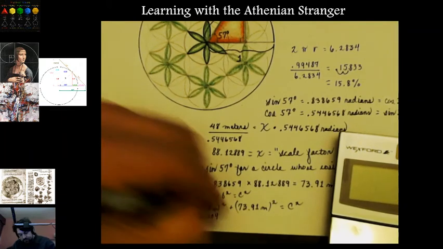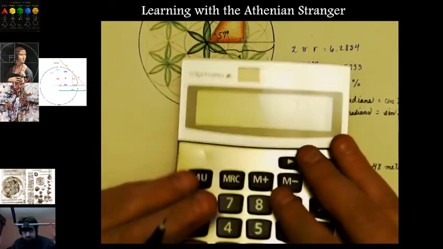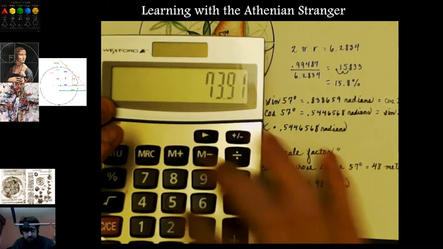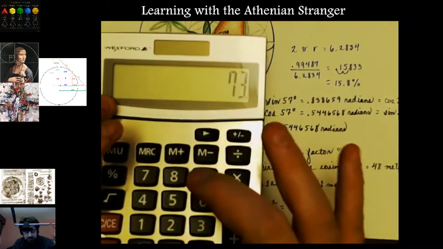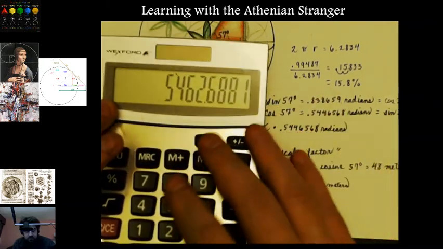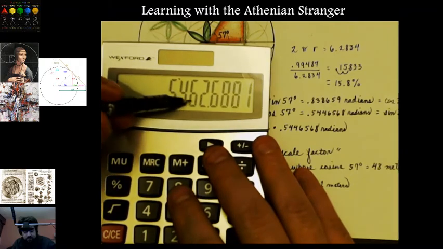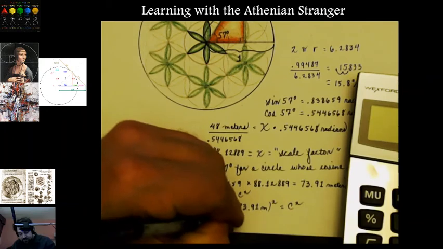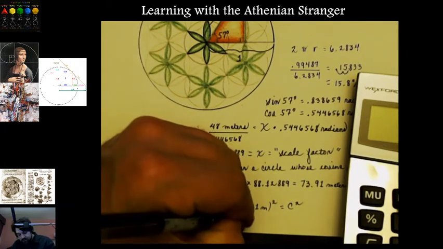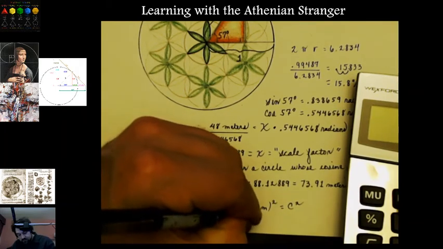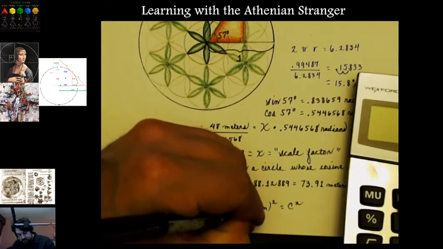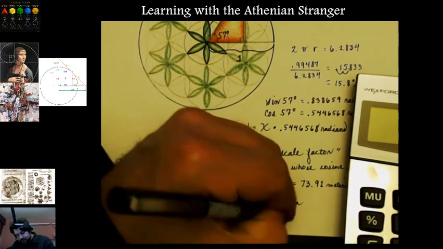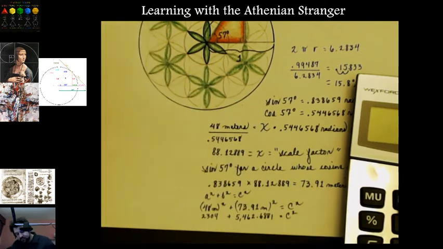Plus 73.91 times 73.91 equals 5,462.6881. So 5,462.688 equals C squared.